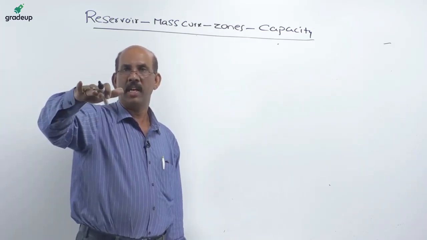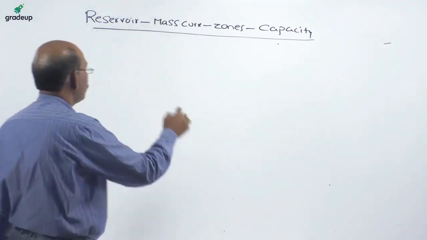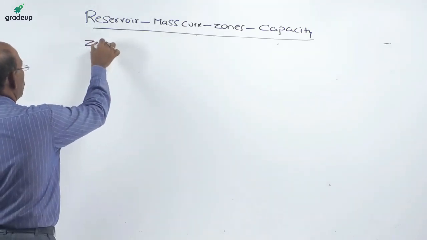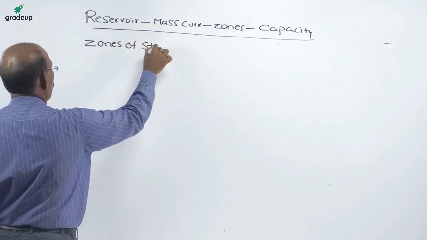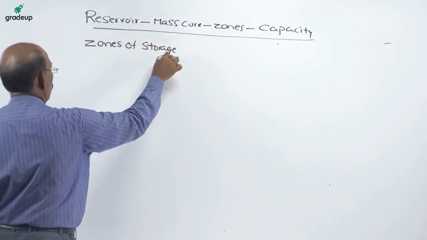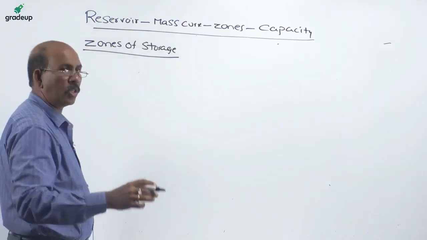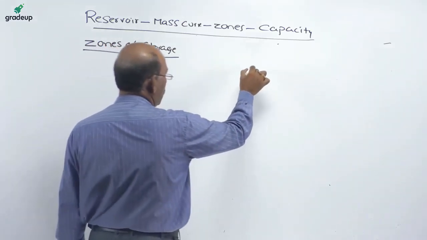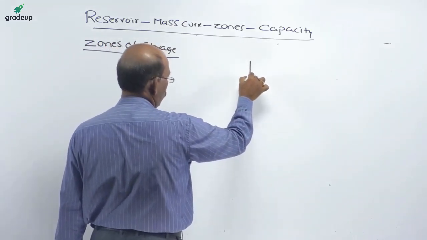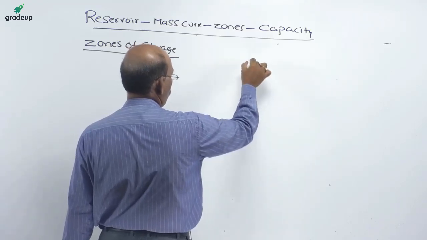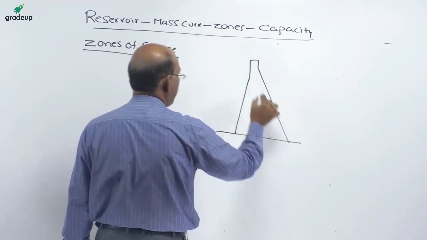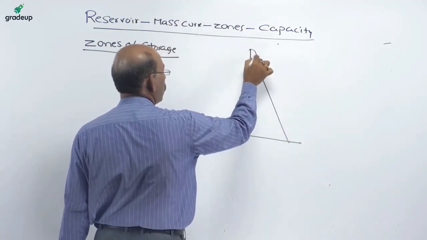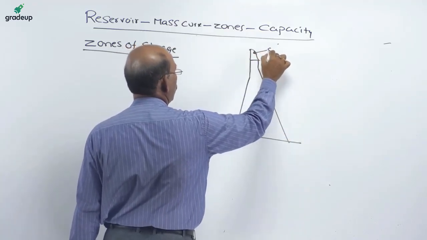Now, let us see what are the various zones of storage. This is the dam over which the spillway is provided.